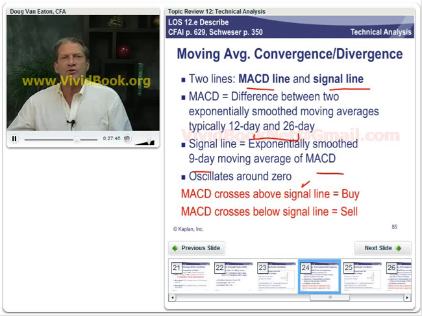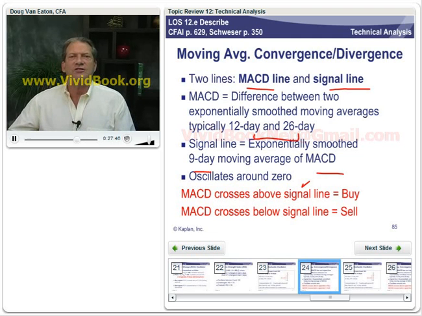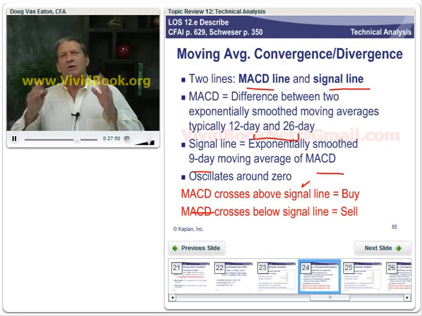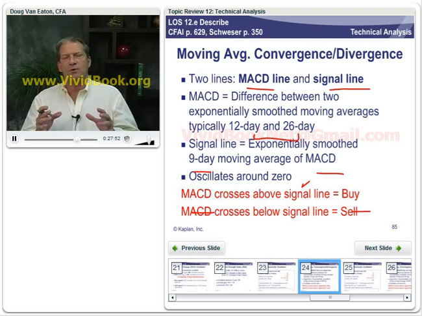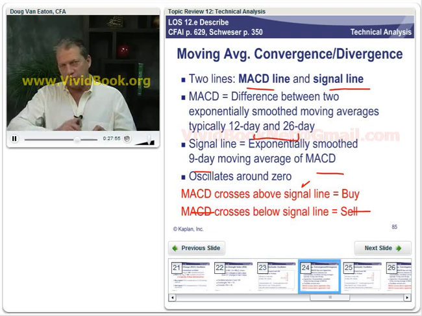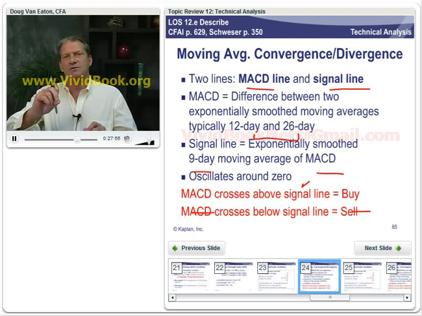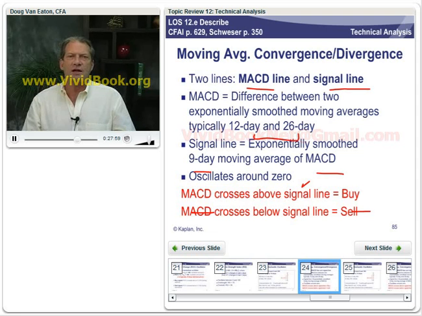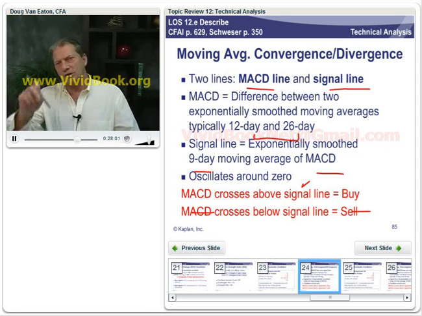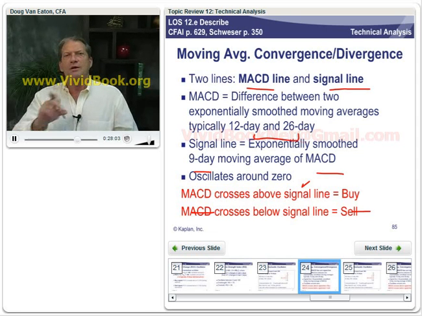When this shorter term line crosses the signal line from above, that's a buy. So it's like when we talked about the golden cross before. When it cuts through the longer term moving average from below, that's a buy signal. When the shorter term cuts through the longer term from above and goes below it, that's a sell signal.